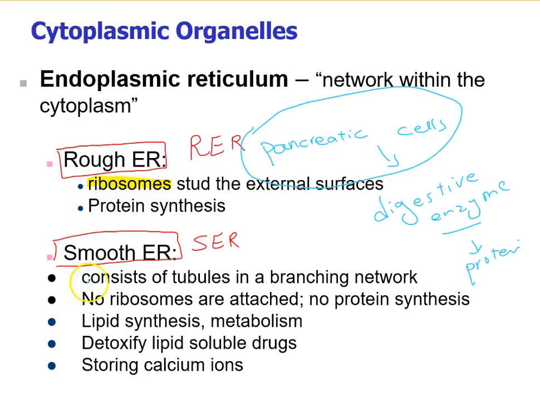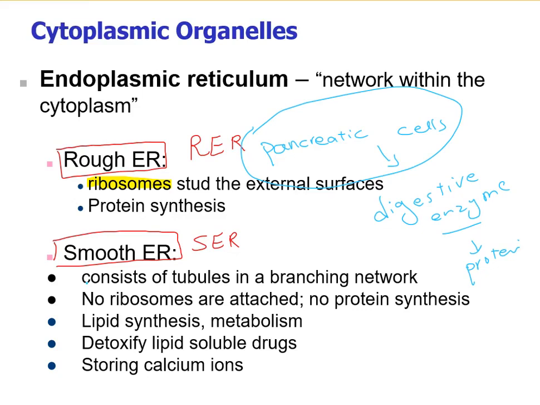Okay, let's continue with the second type of endoplasmic reticulum, which is the smooth endoplasmic reticulum. Picture a network of tubules without those ribosomes. This is the smooth endoplasmic reticulum.